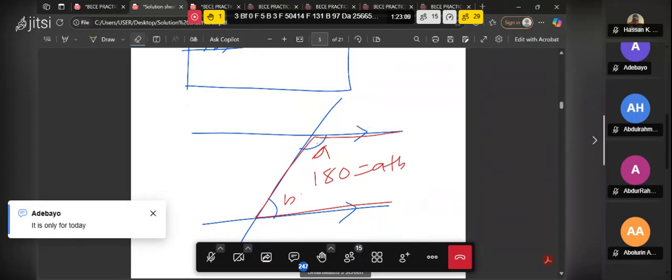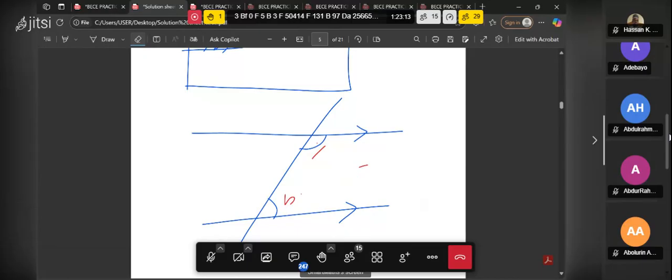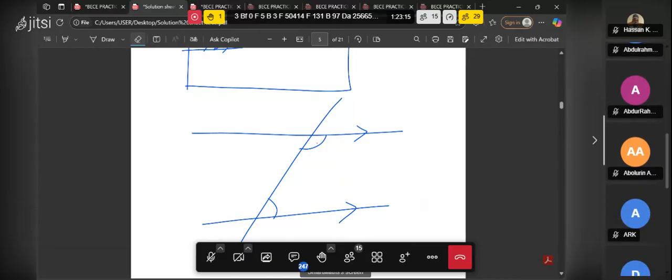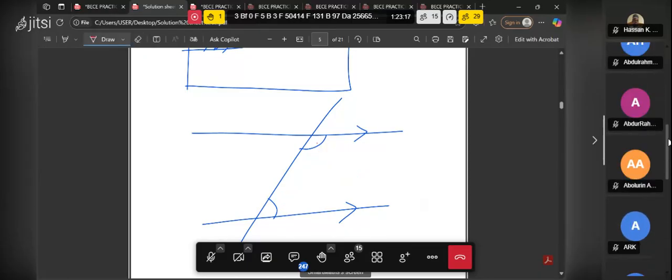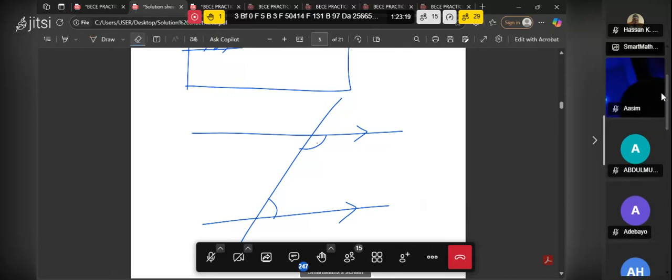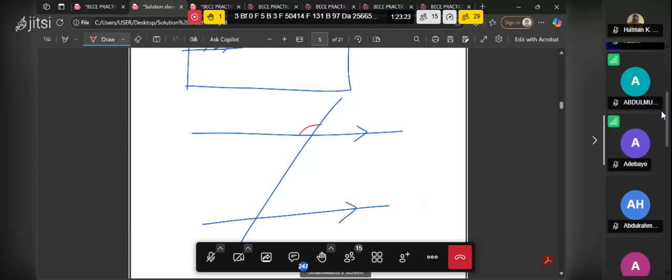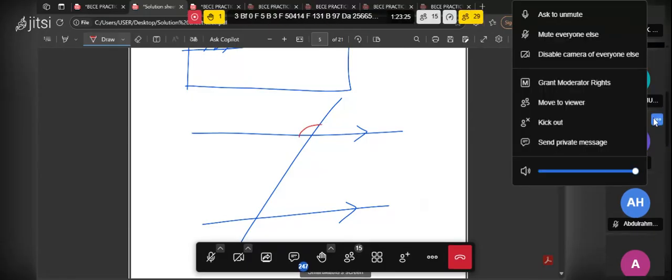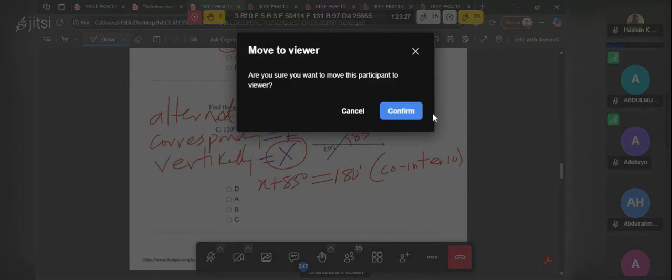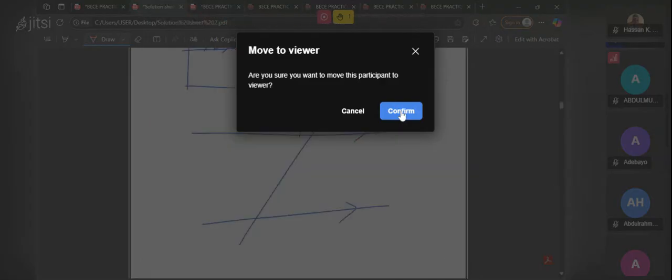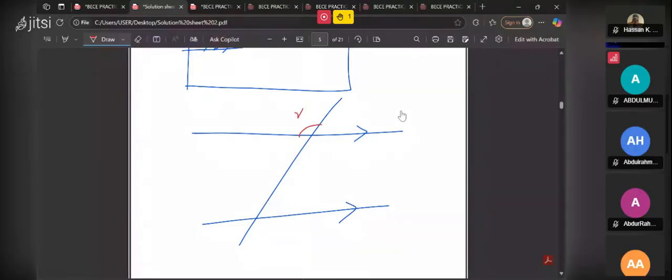That's what's meant by co-interior angle. Anyways, you see this type of question, we can do it in different ways. So we have X here. Let me clean this so that I'll be able to grab that. So this is X, 85. This is X here, and this place is 85. All right.